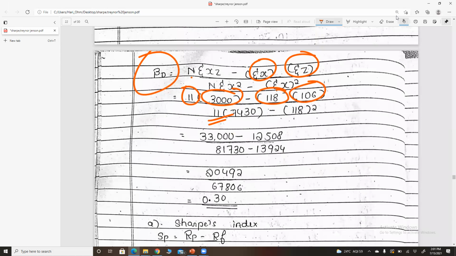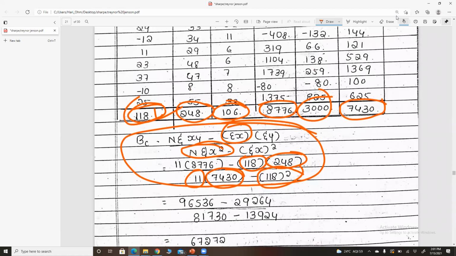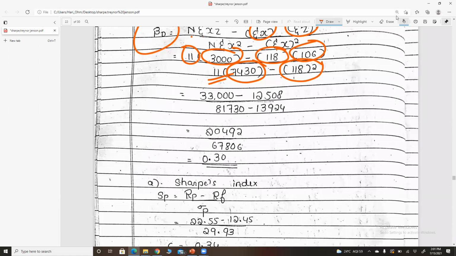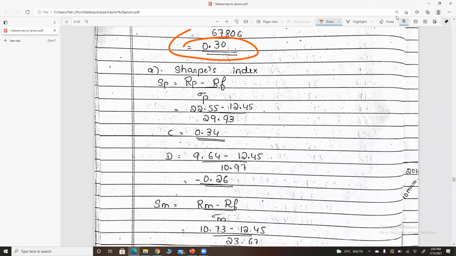Then 11, that is n, 7430, that is summation x square, minus 118 whole square, that is summation x whole square. Clear? Summation x, that is 118 whole square. 7430, that is n into summation x square. Is it clear? Like that, simplify, you get the answer. 0.30 is the answer. Then you are going to apply the different formulas.